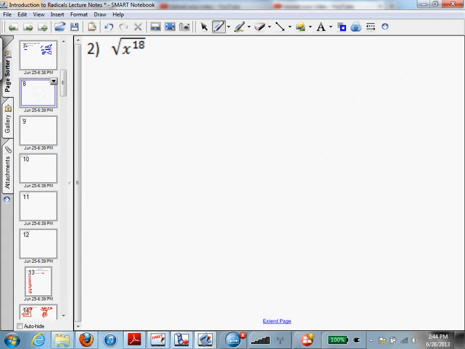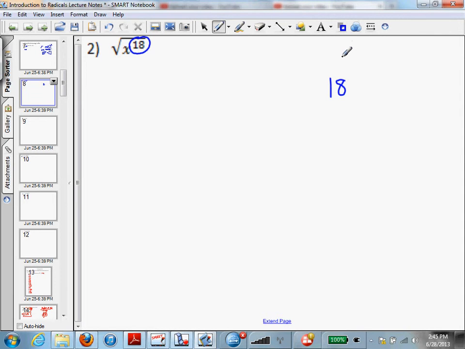With our next example, we have x to the 18th power all having the square root taken. So what you can do is take the exponent, which is 18, and you want to make sure it's an even number, and if it's not, you can break it in so that it is.